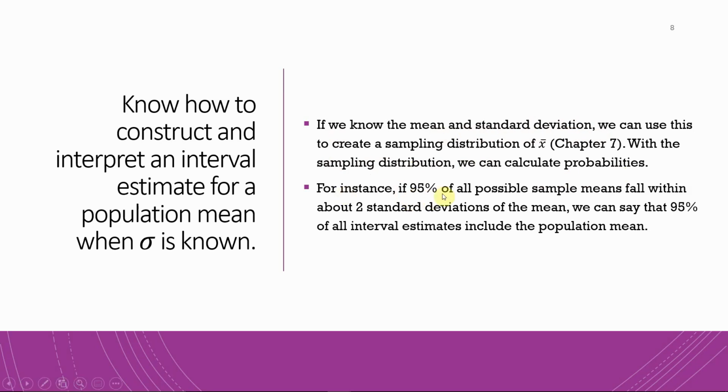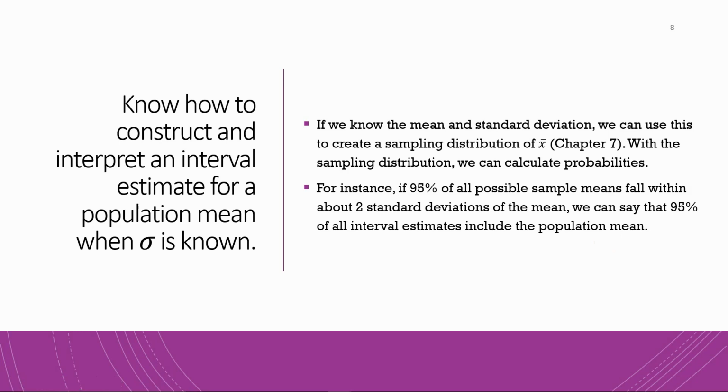So if 95%, for example, of all the possible sample means, right, so basically if we took our population, randomly sampled from it, and calculated a mean, and we did that over and over again, if 95% of those possible sample means fall within about 2 standard deviations of the mean, we can say that 95% of all the interval estimates that we create include the population mean. So that's important.